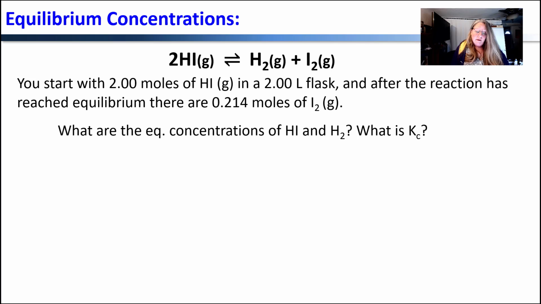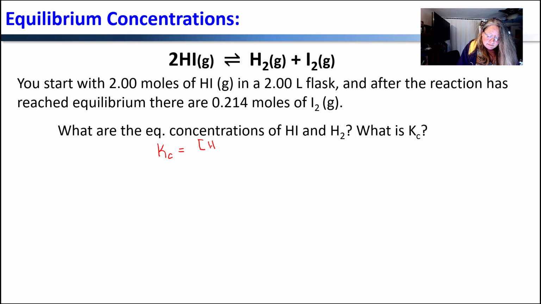constant is. So I can start this off and I can look at it and be like, okay, let's start with our equilibrium equation. All right, here's Kc. And it's going to be the product of the products divided by the concentration of the reactants.